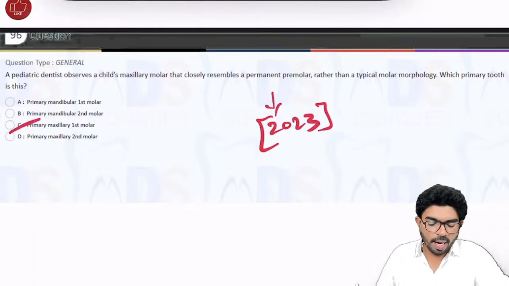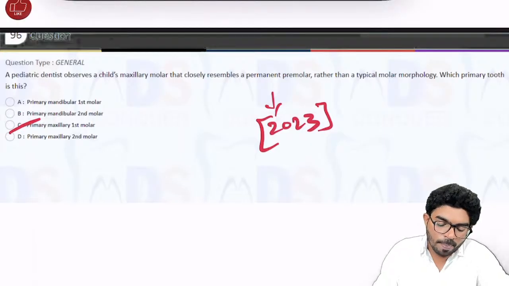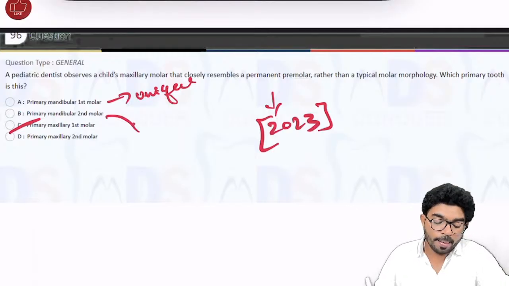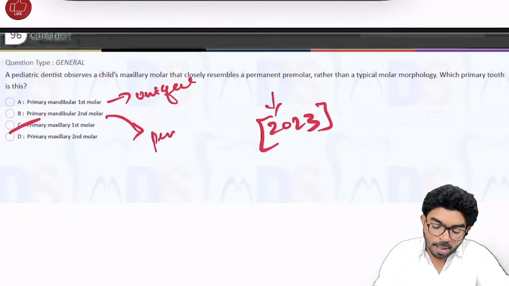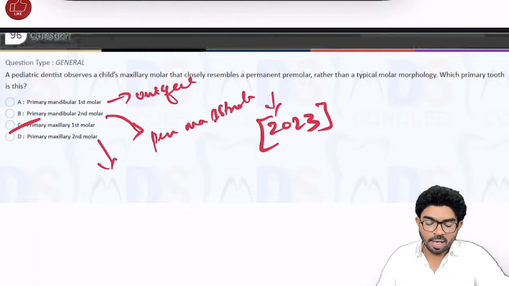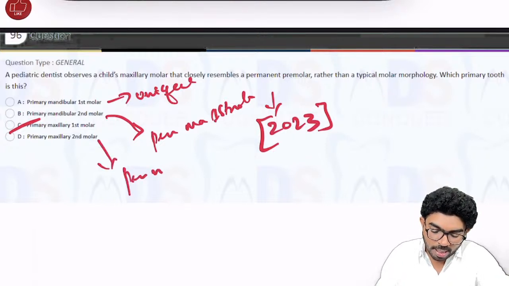And we have discussed, right? Your primary mandibular first molar is unique and does not resemble any other tooth, whereas your primary mandibular second molar resembles the permanent mandibular first molar. Your primary maxillary second molar resembles your permanent maxillary first molar.